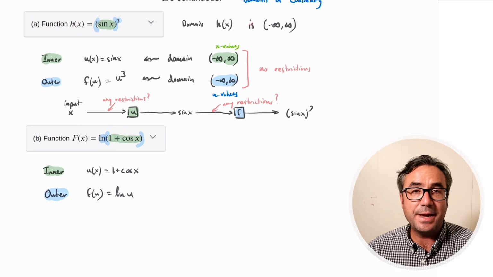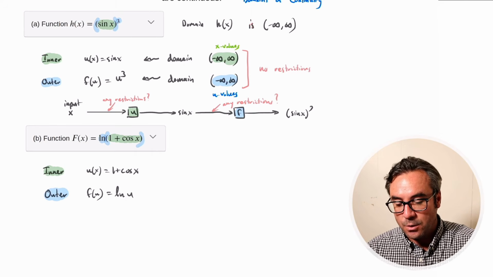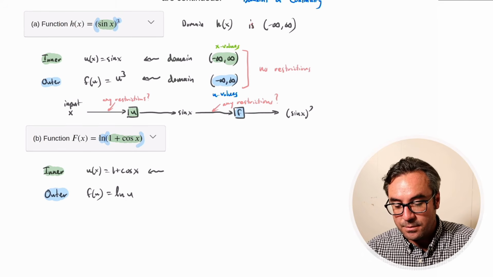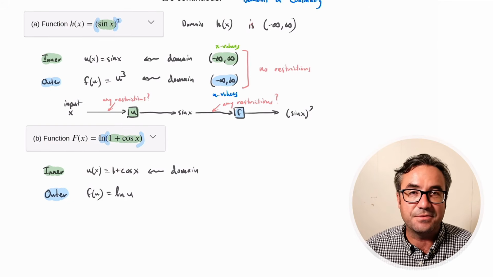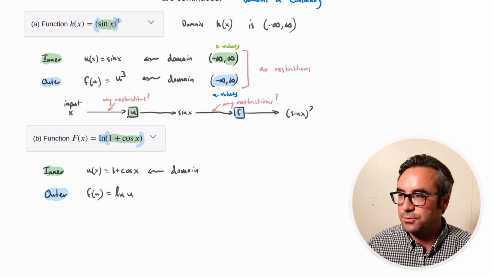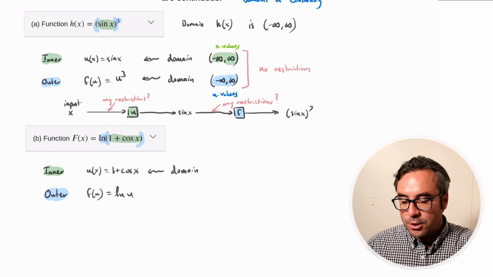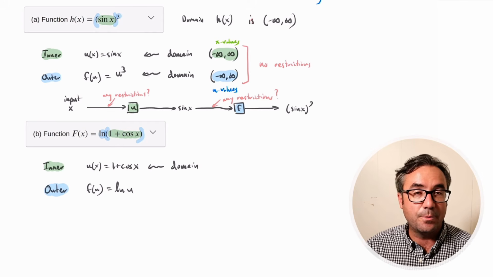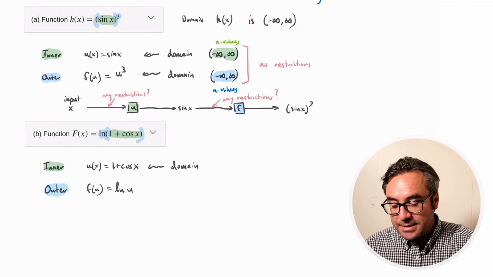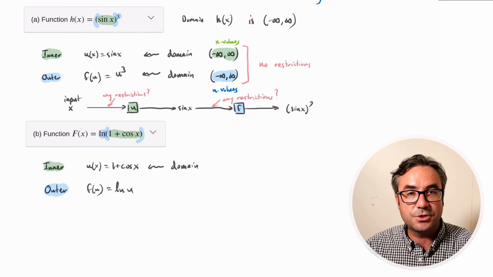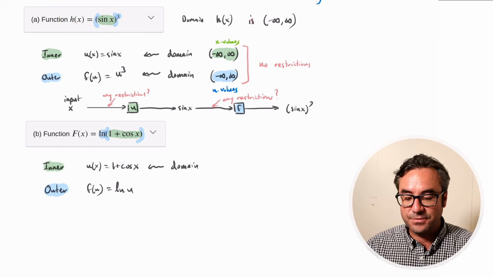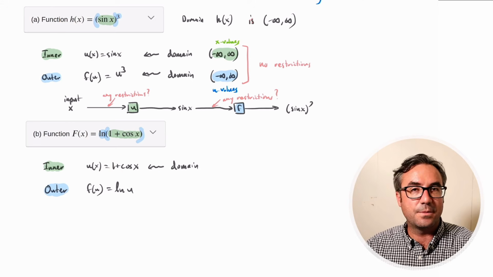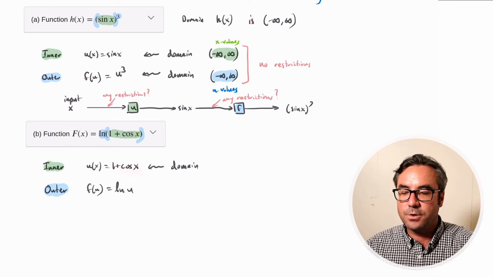All right, so what's the domain of each of these functions? For the first one, what's the domain of 1 plus cosine x? The domain of the function 1, that's just a constant function, so all real numbers work just fine there. Cosine x also has domain all real numbers, and I can take two continuous functions and add them together, and I still get a continuous function. So all real numbers from the constant, all real numbers from cosine.